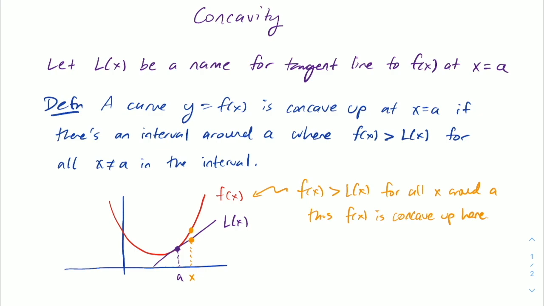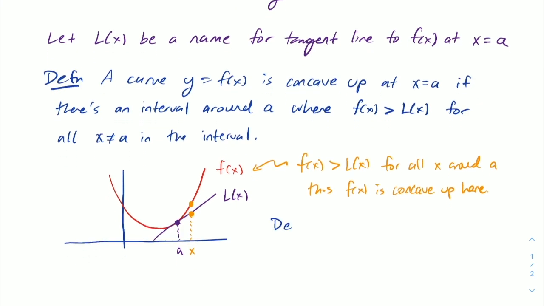All right, so now we're ready for the related definition, which is concave down. So concave down is the same, except f of x is now going to be less than L of x.